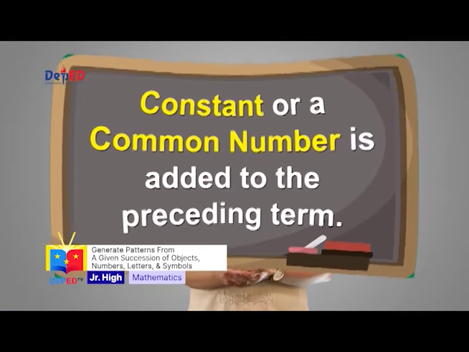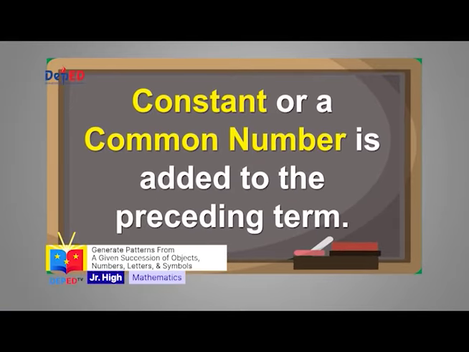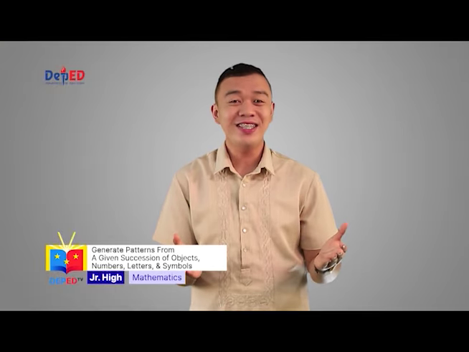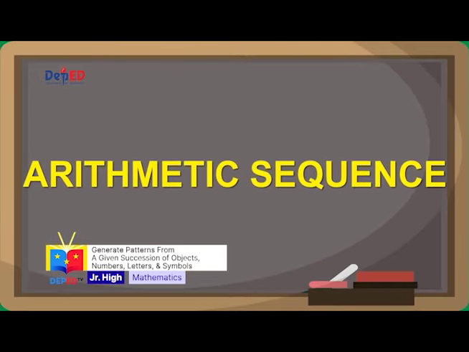Notice that a constant or a common number is added to the preceding term to get the next term in each of the sequences. The constant number being added is called the common difference and is represented by the letter D. All these sequences are called arithmetic sequences.